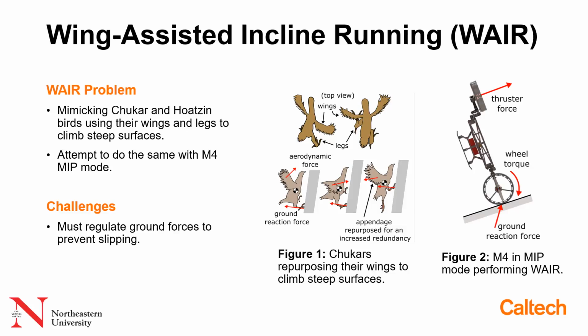Next is the problem statement. So we want to do some bio-inspired maneuver using wing-assisted incline running, as shown over here on Chukar or Hoatzin birds, that can use their legs and wings at the same time to climb steep surfaces.